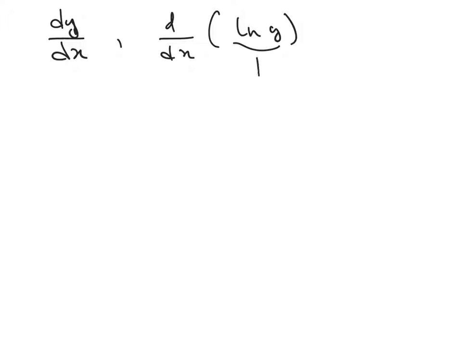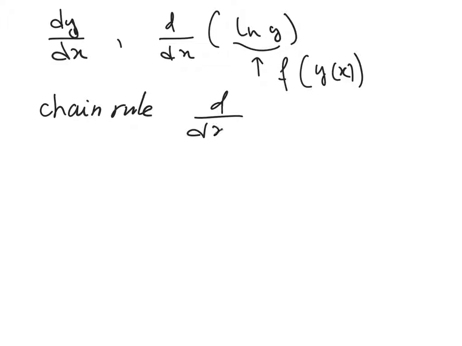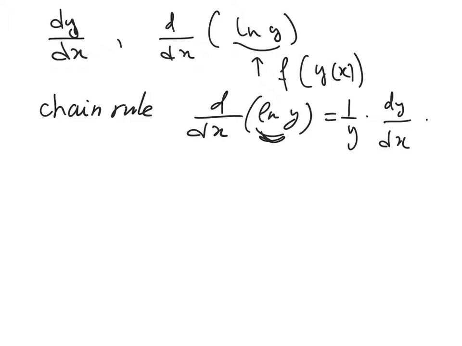Now, this can be considered as f of y of x, a composite function, and therefore we apply the chain rule. Then d over dx of ln y will be equal to the derivative of this with respect to y, and then dy over dx. Now we put all this together, so the left side will be dy over dx plus 1 over y dy over dx.